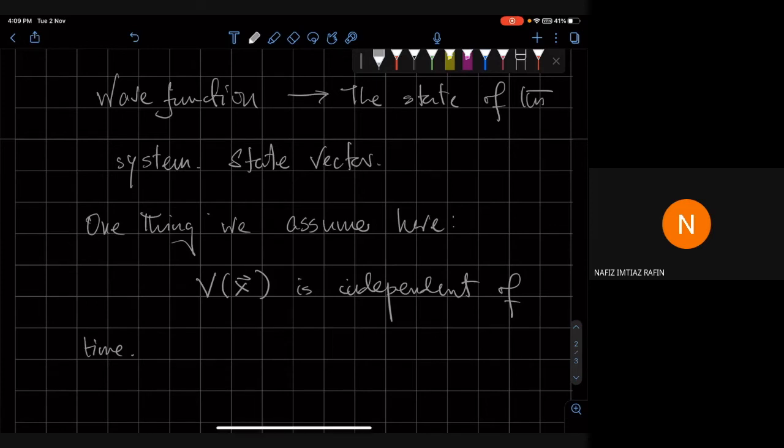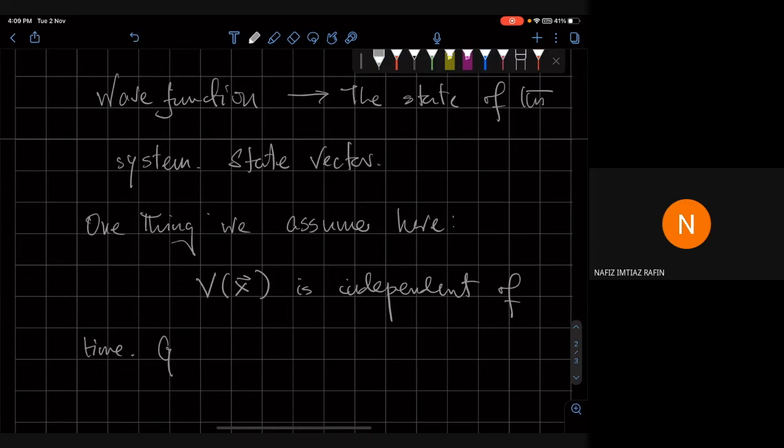It doesn't have to be. If it's not independent of time, then solving the Schrodinger equation becomes harder. But even that can be done, and the general formal solution to a time-dependent Hamiltonian was given by Freeman Dyson.